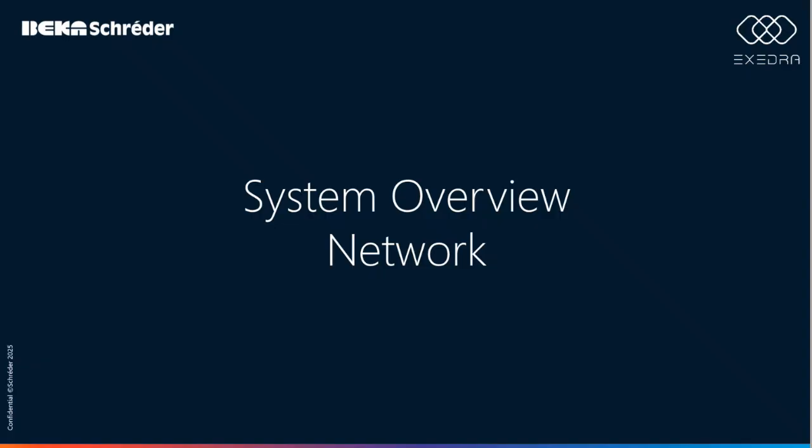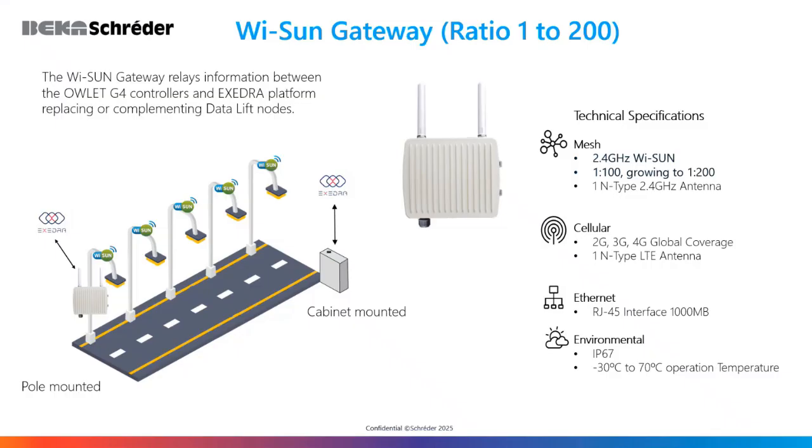So just the overview of the network. So getting into a bit of the communication upwards. Like the data lift nodes, we also have a YSUN gateway. So when we're talking about gateways and communication of data upwards, this communicates within the mesh network. The suggested maximum connectivity ratio to the gateway is about 150 mesh nodes.